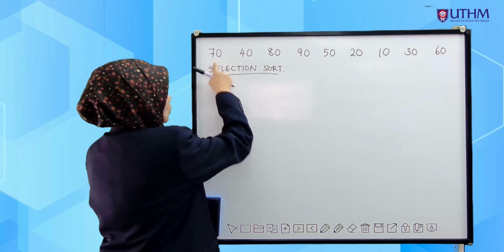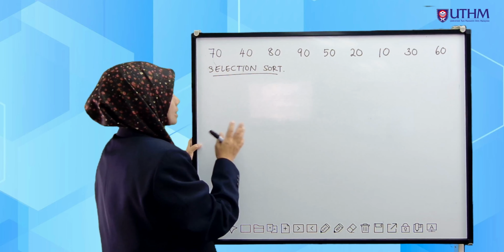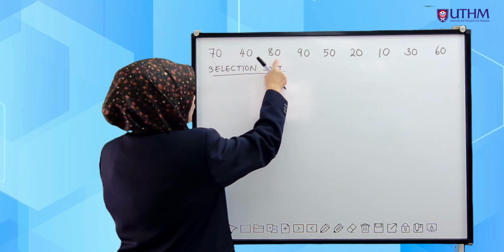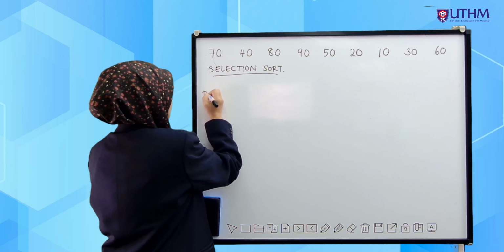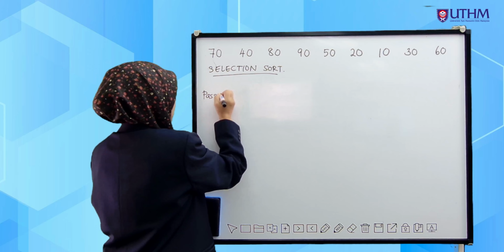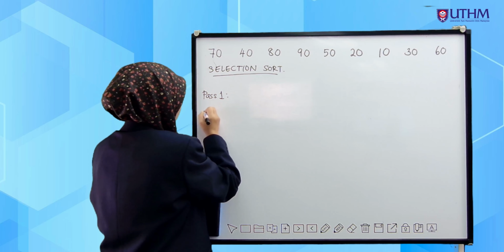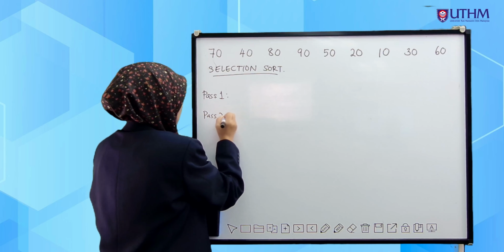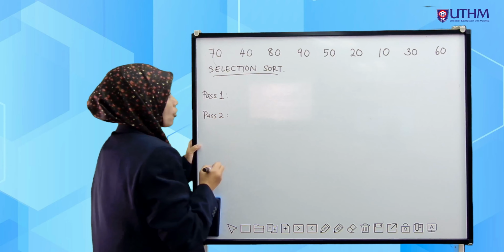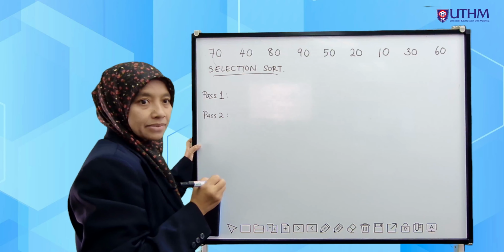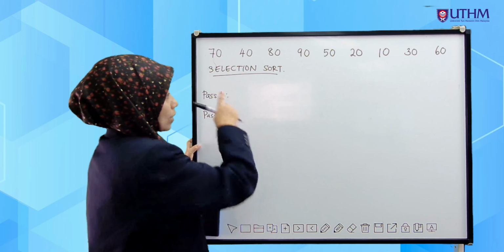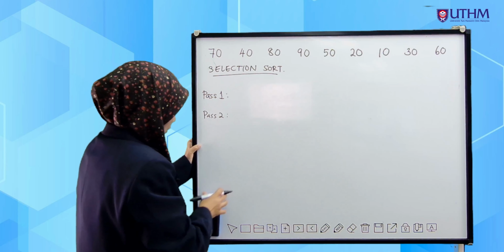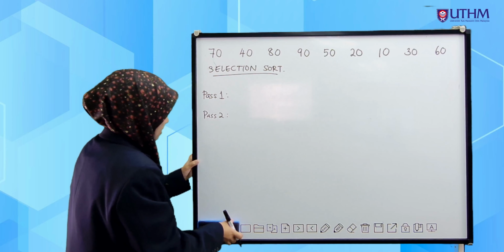In this array, we have 9 values, meaning that using selection sort, we have to pass through this array 8 times. It would be 9 minus 1: we have 9 values, then we are going to have 8 passes.